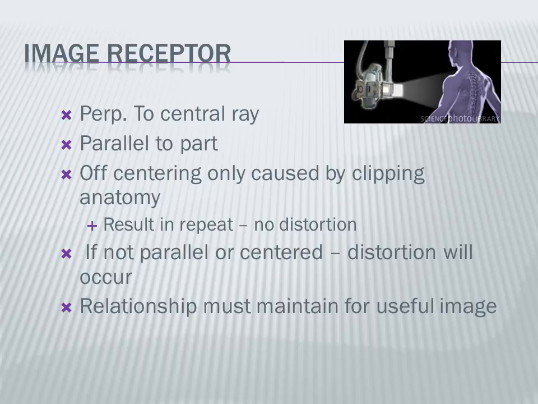Image receptor: perpendicular to the central ray, parallel to the part; off-centering is only caused by clipping anatomy. It results in a repeat or no distortion. So if the image receptor is not on the same plane, not parallel or centered, distortion will occur. The relationship must be maintained for a useful image.